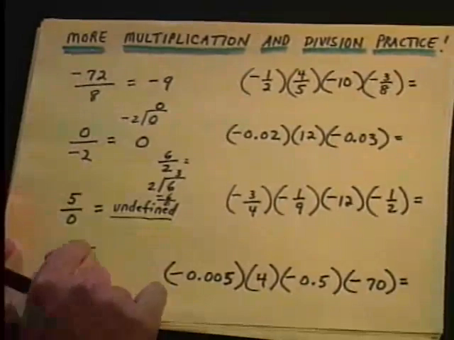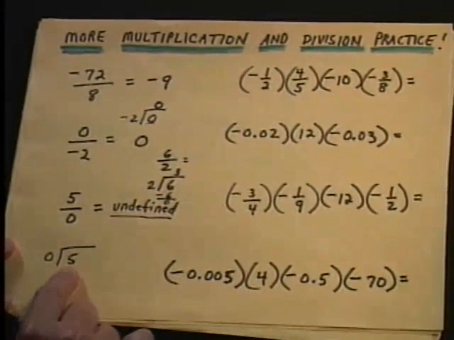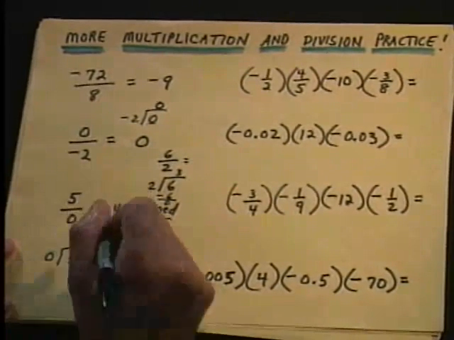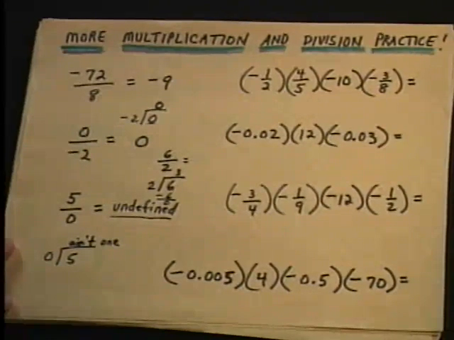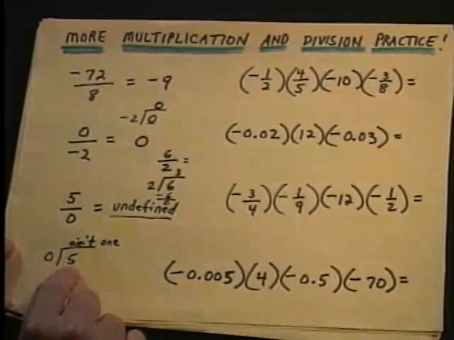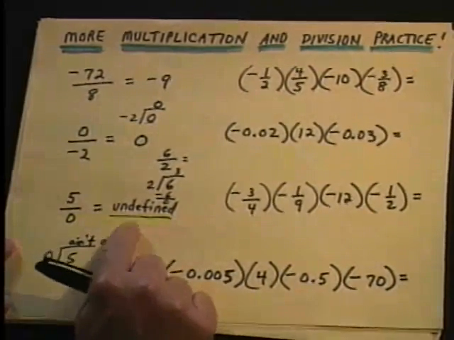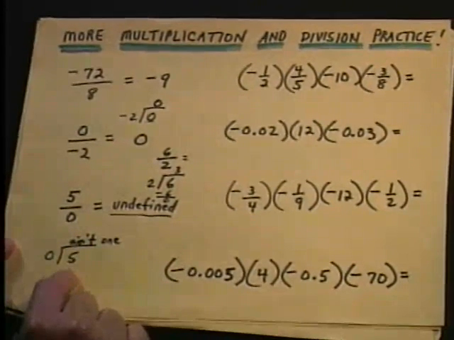What number times 0 is ever going to give me a 5? And I know the English teachers aren't going to like this result, but that's how the country folks say it, ain't one. Ain't no number times 0 ever going to give you 5. So when you ask your calculator something divided by 0, that's why it spits out error and the result is undefined. No number times 0 will ever give you anything.